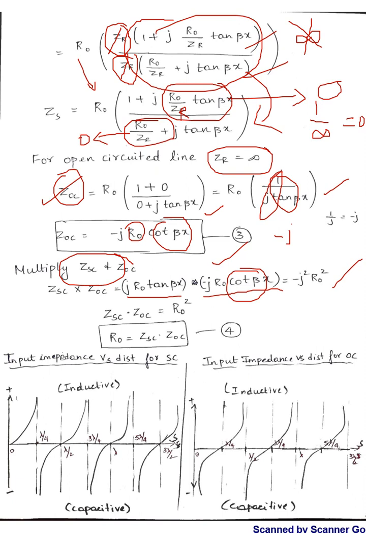Minus j square R naught square. What is the value of j square? Normally j square is minus 1. So minus 1 into minus 1 becomes 1. So ZSC into ZOC is nothing but R naught square, or else I can write R naught is equal to root of ZSC into ZOC.